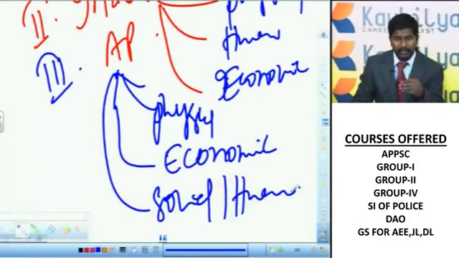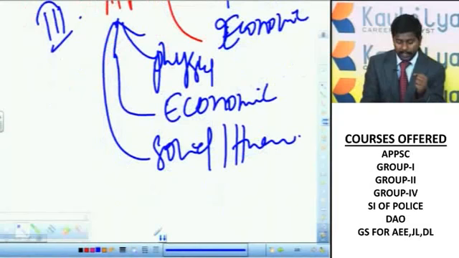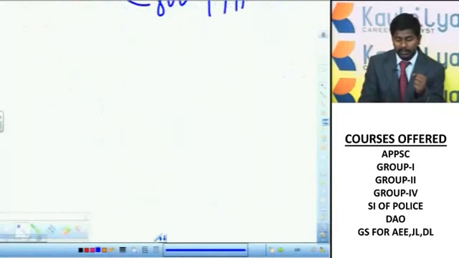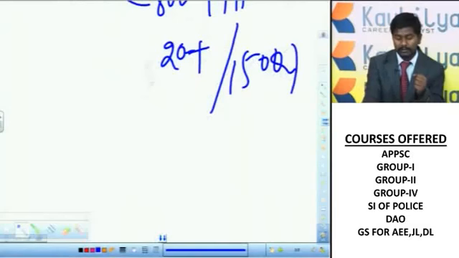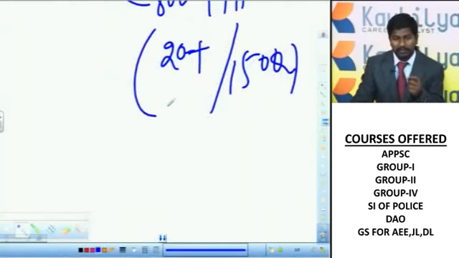These are all the important sections or chapters of the geography syllabus. If you take up only geography, there will be around 20 plus questions out of 150 in your objective test.